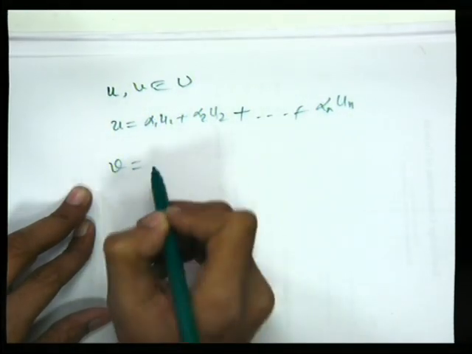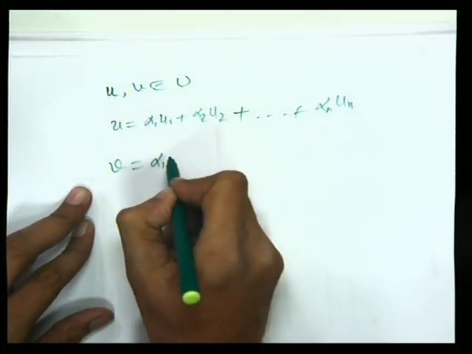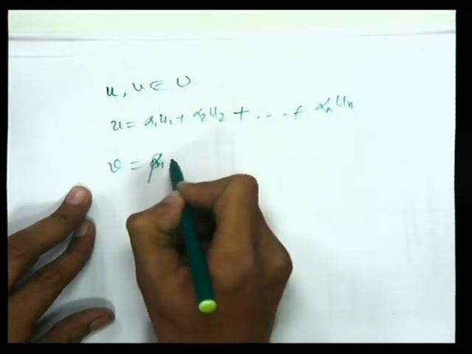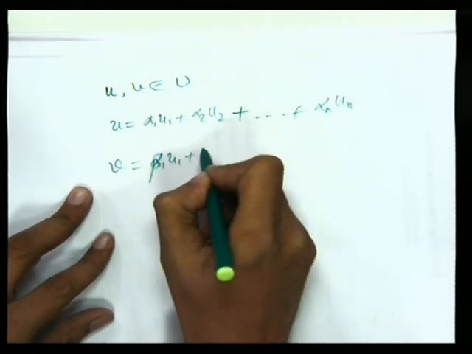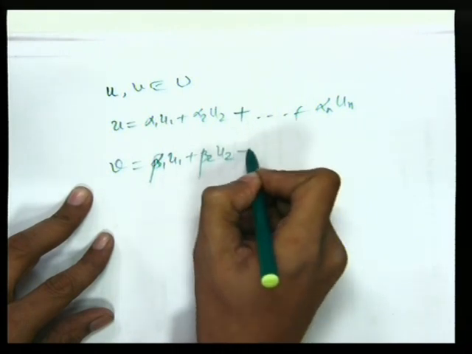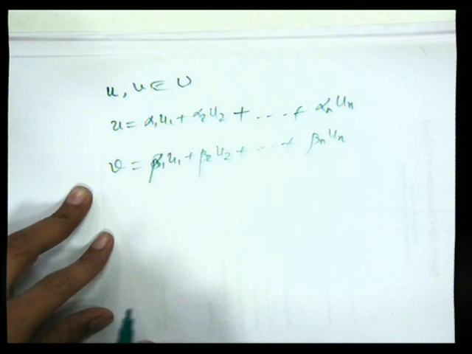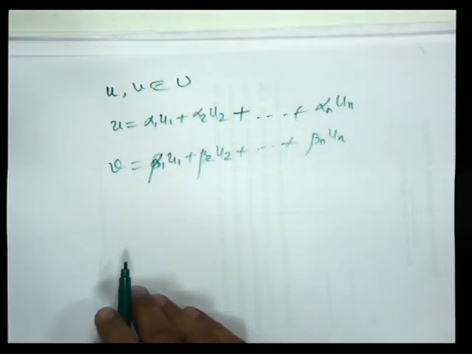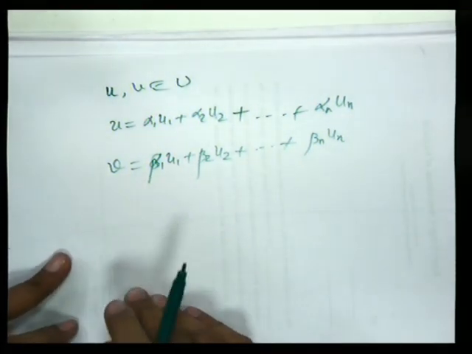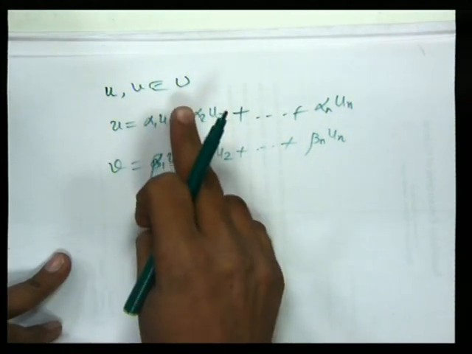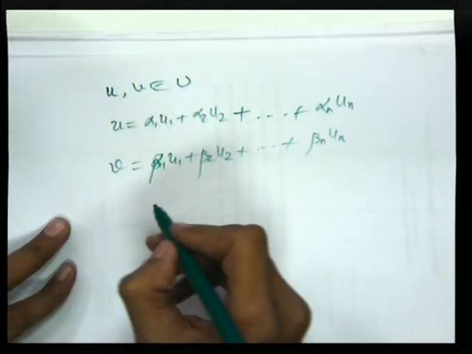Similarly, v can be expressed as beta 1 u1 plus beta 2 u2 plus up to beta n un, as b is equal to u1, u2 up to un is a basis of the vector space U. And take any two scalars alpha and beta.